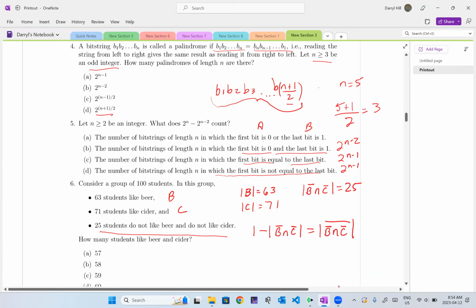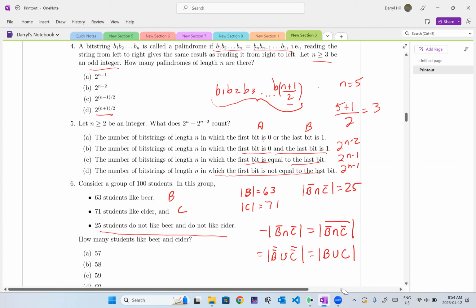Then if I apply De Morgan's law to that, I get B complement complement union C complement complement. De Morgan's law means I apply the negation to both B and C, and I switch the intersection to a union or vice versa. Of course, B complement complement is simply B, and C complement complement is simply C.